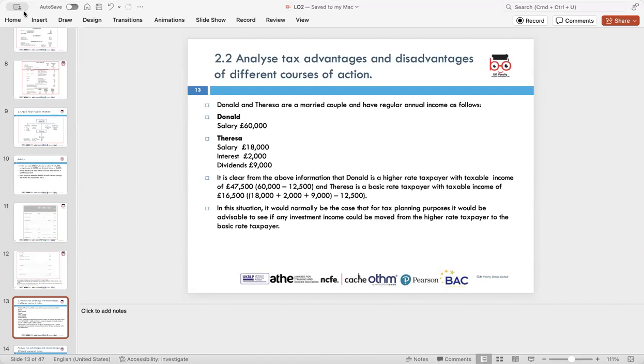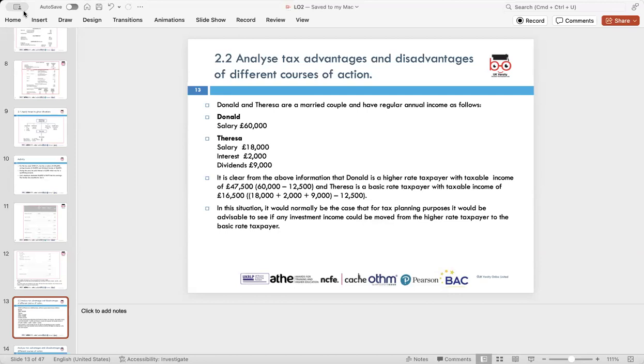So, considering the income levels, it's evident that Donald falls into the higher tax bracket with taxable income of 47,500 pounds after deducting the personal allowance. On the other hand, Teresa's taxable income is 16,500 pounds after considering her salary, interest, and dividend, minus the personal allowance.